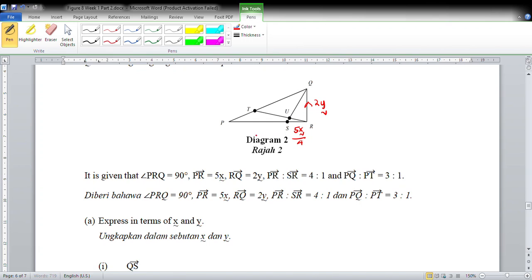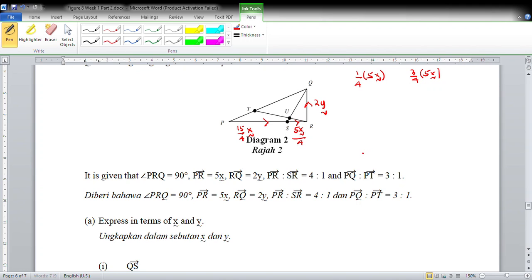And then this is 3 parts, so you will get 15/4 x. So 1 part means 1/4 of 5x, and 3 parts means 3/4 of 5x. Right? So I label it here at the diagram, so it's easier for me to see.